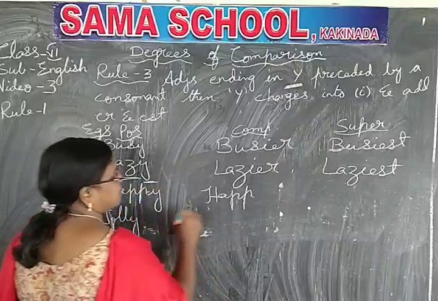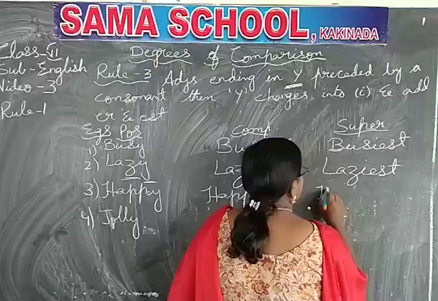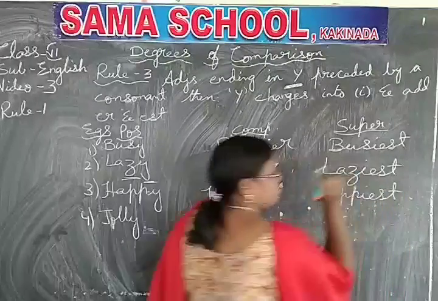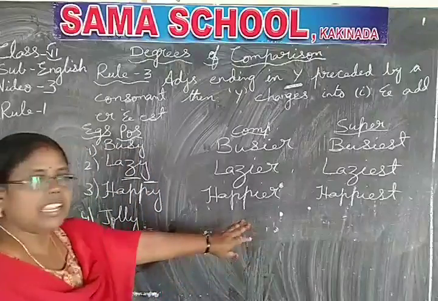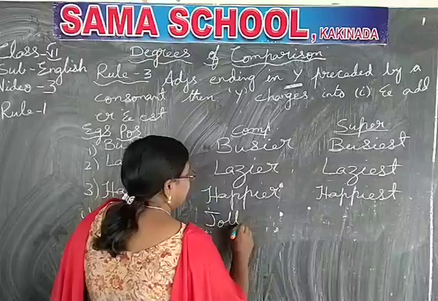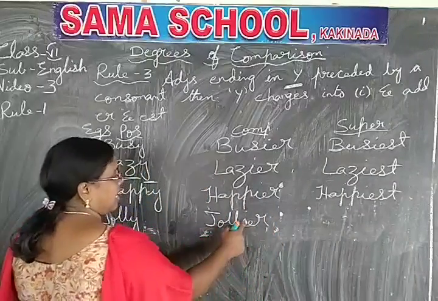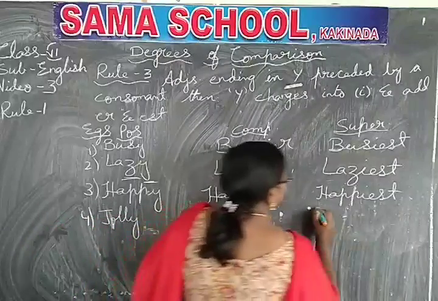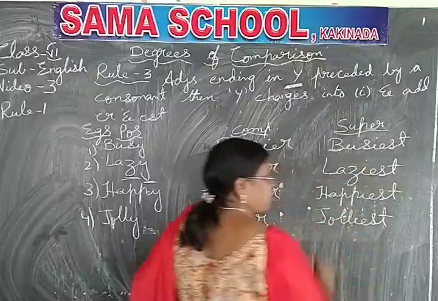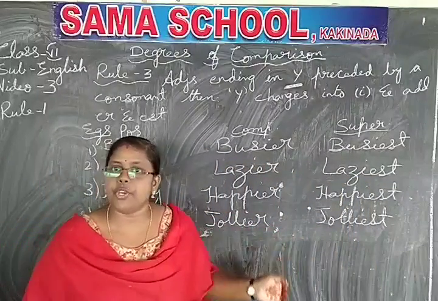This Y changes into I-E-R. Happier, happiest. Clear this rule? Jolly. J-O-L-L-I-E-R. Jollier, because Y changes into I. Jollier, jolliest. Is the third rule also clear for you?